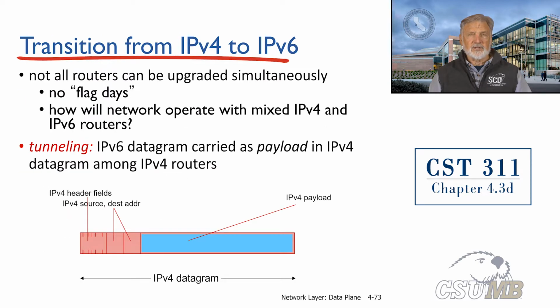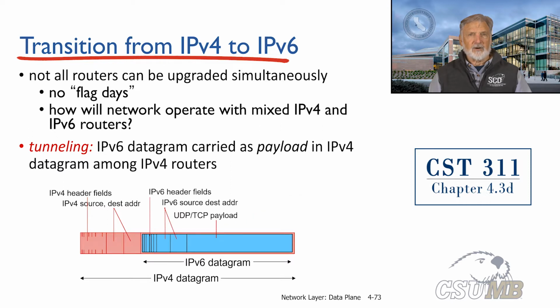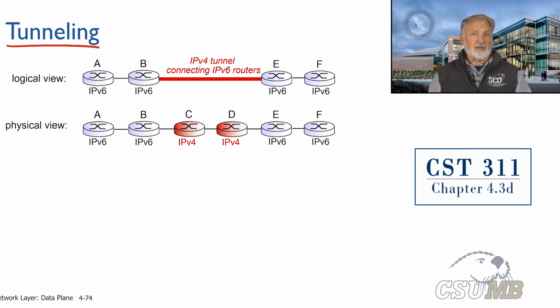As the world is transitioning to IPv6, the Internet now has a mix of IPv6 and IPv4 routers and hosts. How can the network operate in this transition environment? In this mode, IPv6 packets are tunneled inside the IPv4 packets. This is essentially another encapsulation, much like the upper layer protocols are encapsulated by a lower layer protocol. This next slide shows a logical and a physical view of the tunneling.